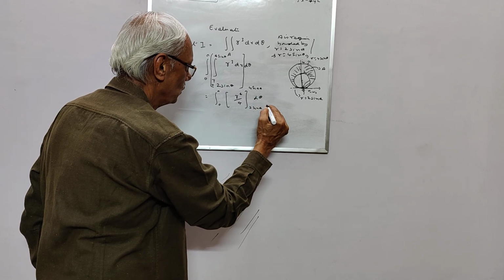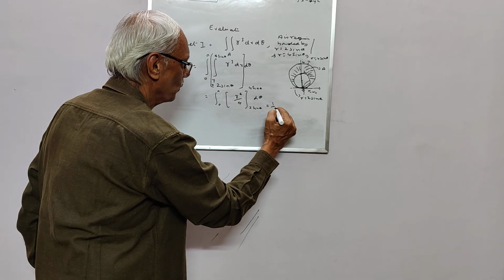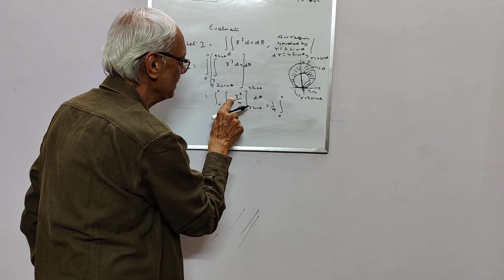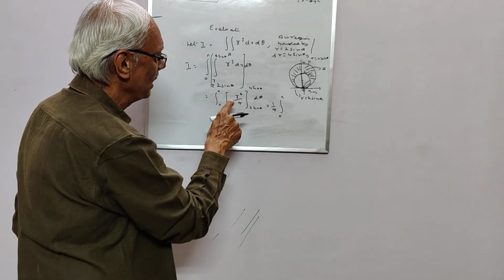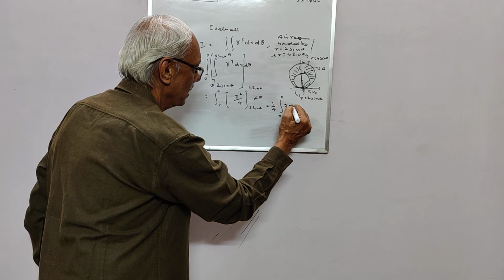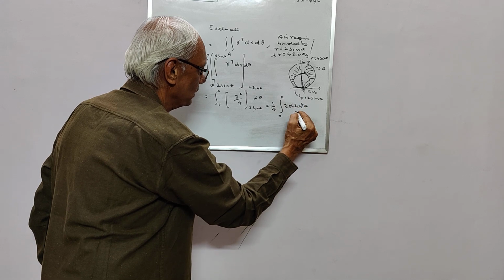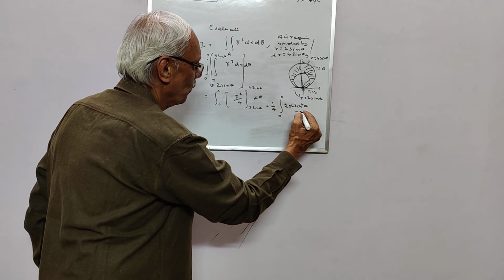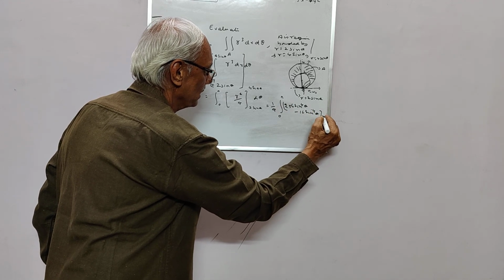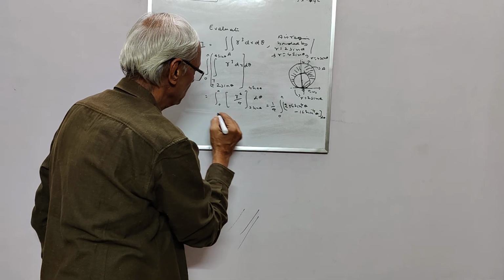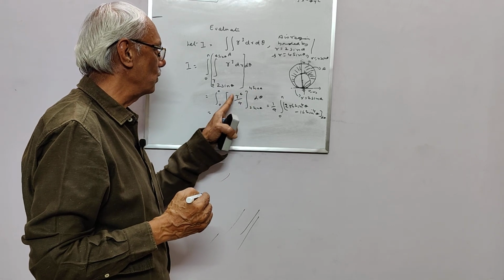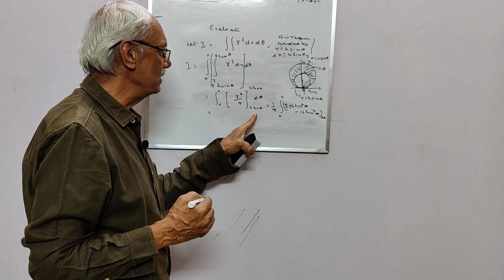So this will be equal to, take this 1 by 4 outside, so you will be left with 0 to pi. If you apply the upper limit 4 sin theta, r to the power of 4 will be 4 to the power of 4, which is 256, sine to the power of 4 theta, minus, for the lower limit, 2 to the power of 4, which is 16, sine to the power of 4 theta, d theta. So I will write this. Apply the upper limit: 4 sin theta whole to the power of 4 minus 2 sin theta whole to the power of 4.